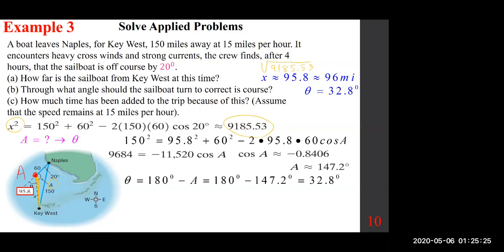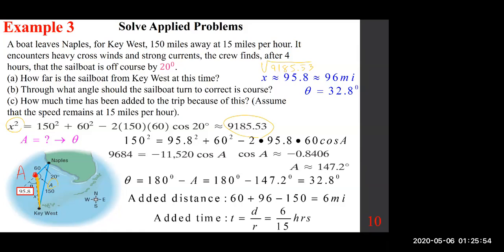So what is the added distance? Well, instead of going 150, we're going to go 60 plus 96. Okay, 60 plus 96, that means we went 6 miles more than expected. So that 6 miles, when we divide it by the speed, that gives us 6 over 15.